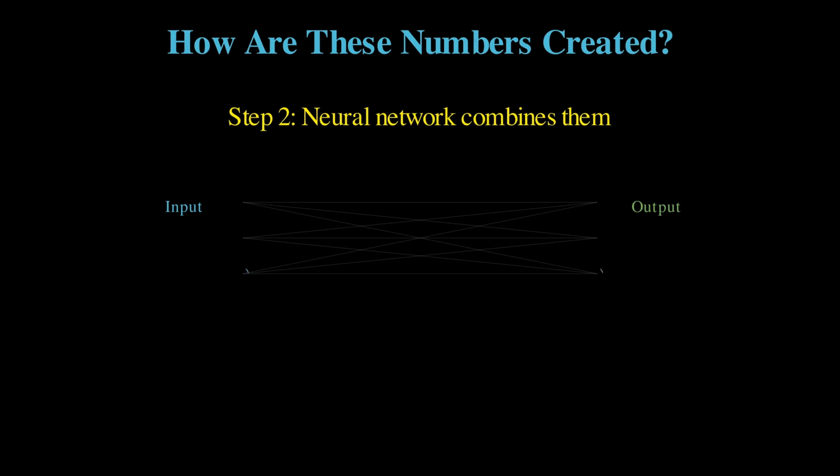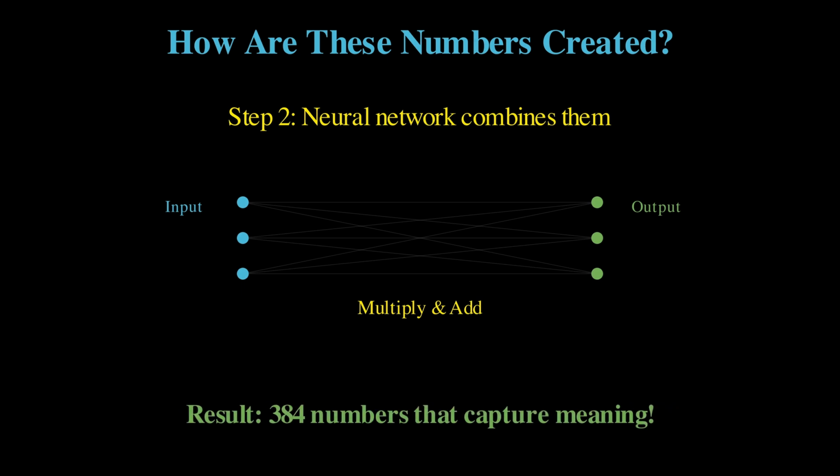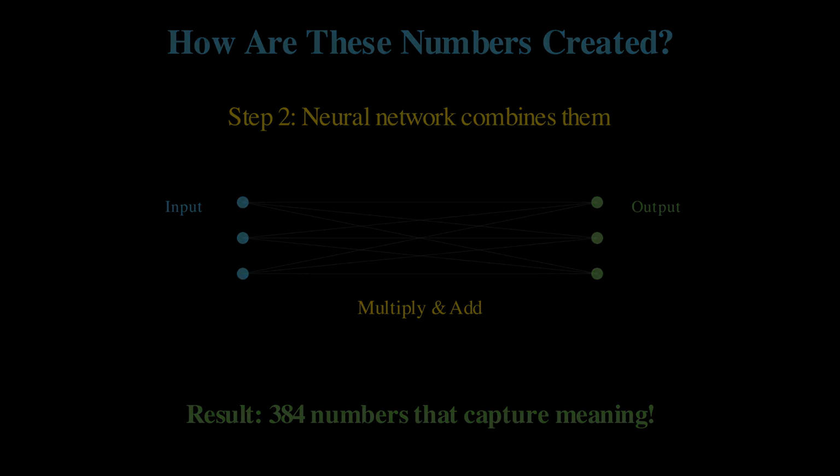You can see the input on the left, the output on the right, and in between, the network does all the calculations, multiplying and adding these numbers together. But the important part is the result. It will be 384 numbers that capture the complete meaning.